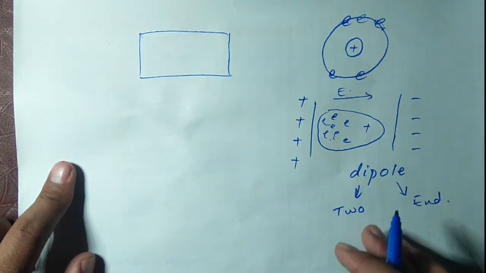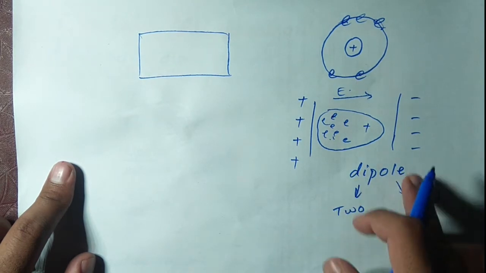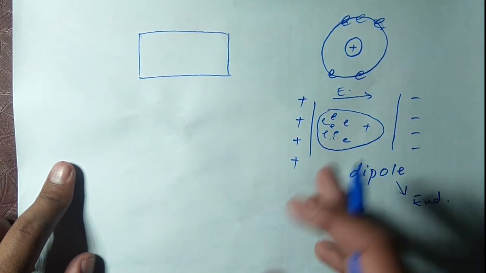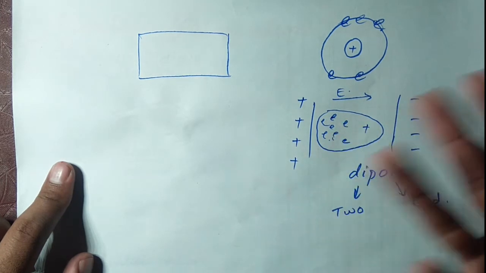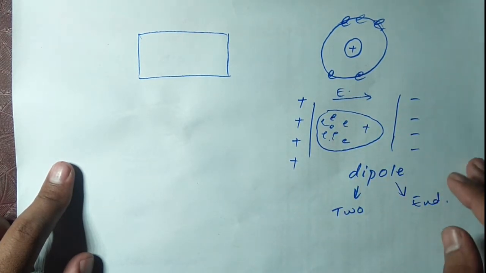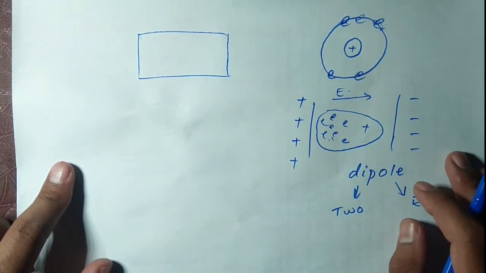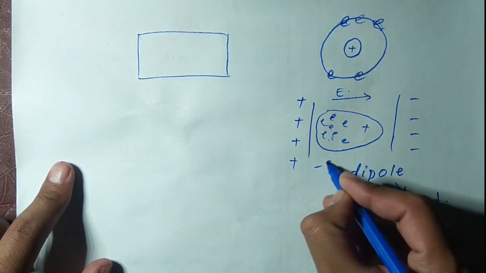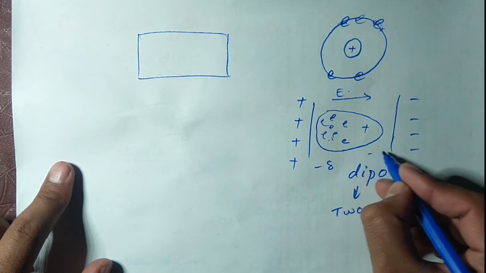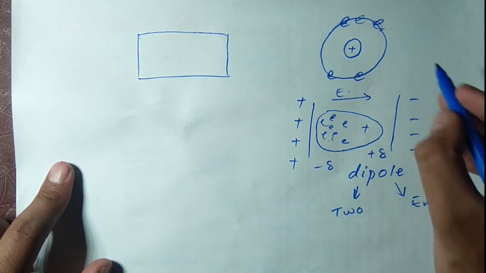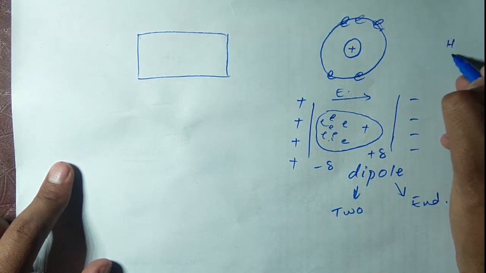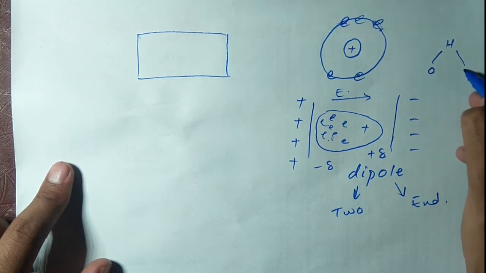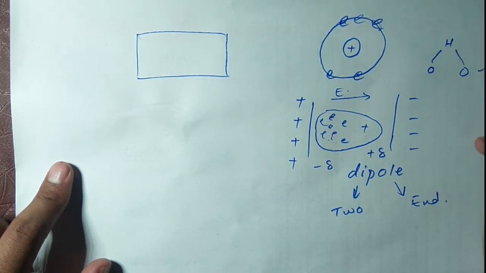We have monopole, dipole, quadrupole, with one end, two ends, four ends, and octapole also. So this is the partial negative and this one is the partial positive. When you talk about H2O, it makes a partial negative here and a partial positive here.